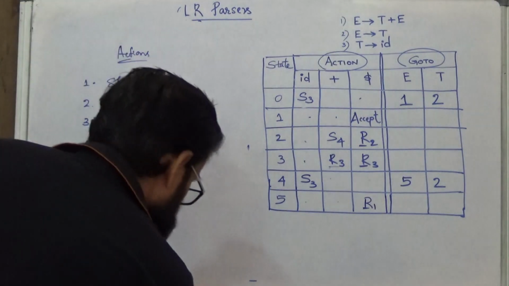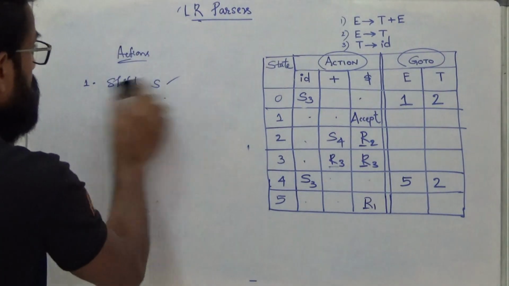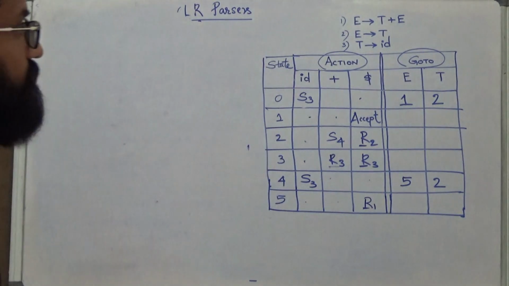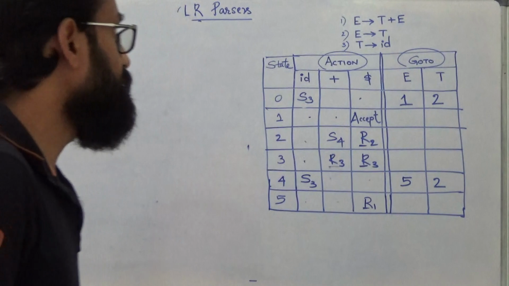Next one is goto. Goto is another function performed by the parser.